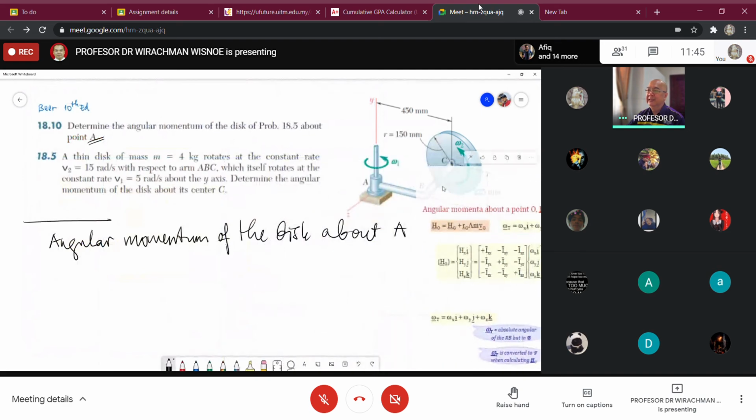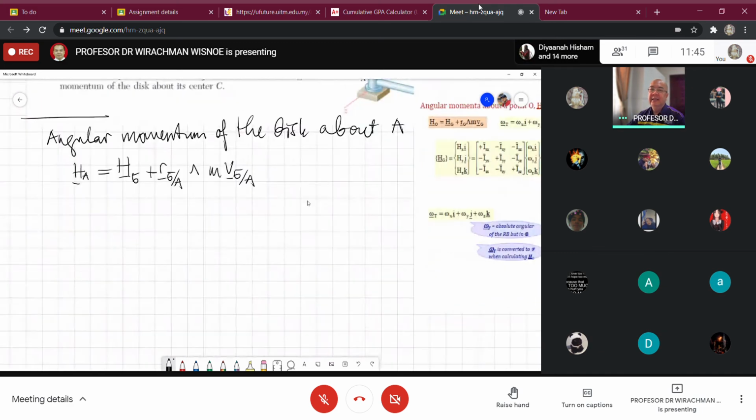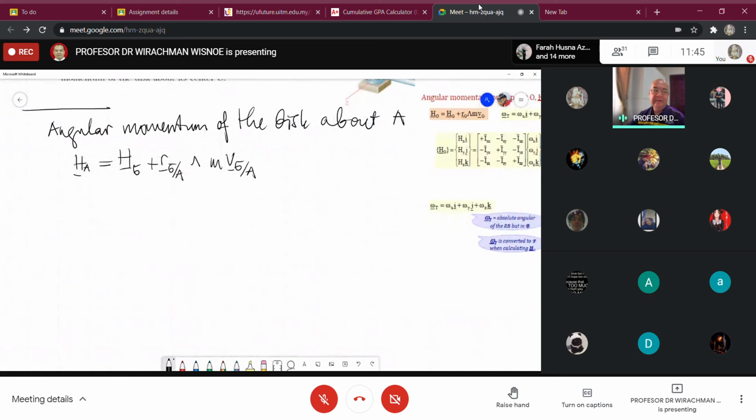I'm going to write it here. HA equal to HG plus RGA cross product MVGA. Okay. HG we have calculated previously.